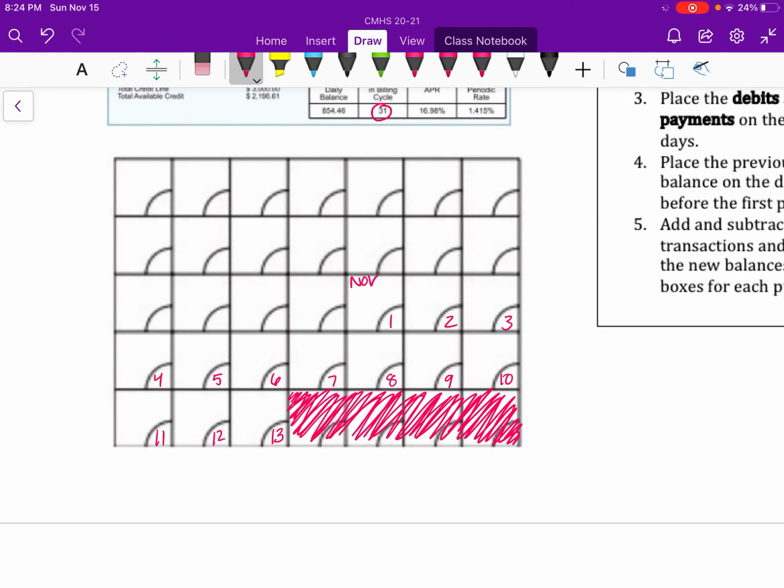Then we're going to go backwards into October. 31, 30, 29, 28. Keep going.